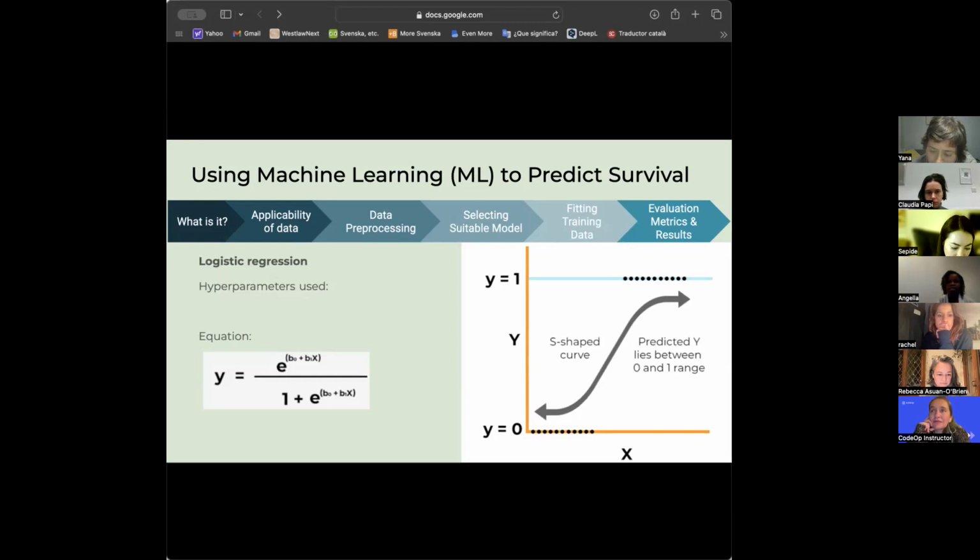In computing it, it will give you a probability such that any value below 0.5 will be taken as 0, and any value above that will be 1. So it just fits a sigmoid curve over the parameters. Next slide, please.